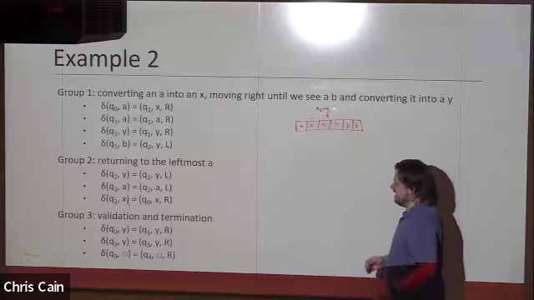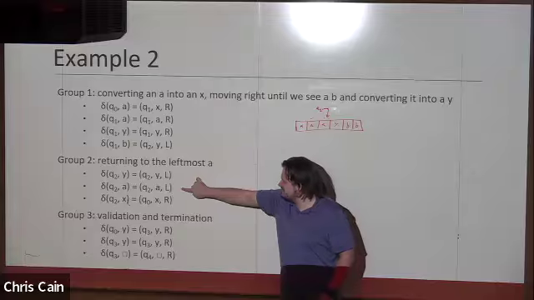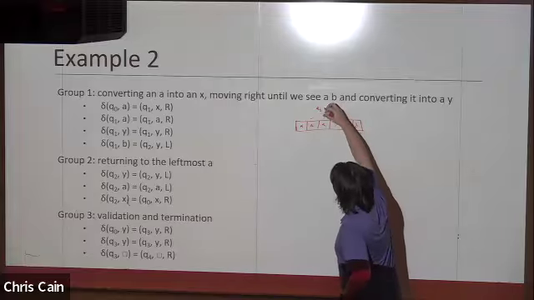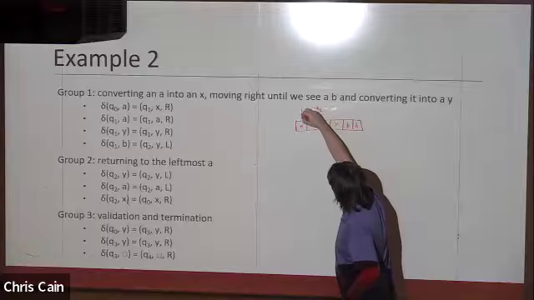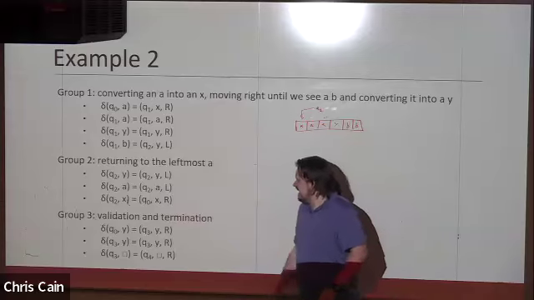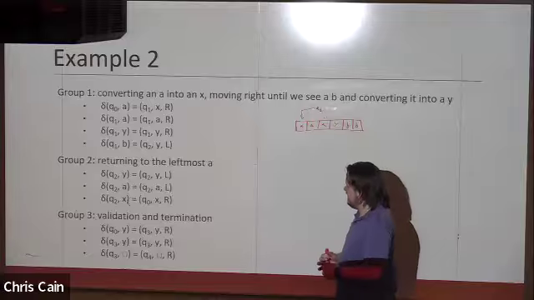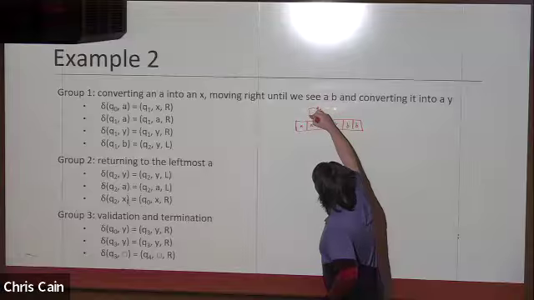Q2 on an A is telling us to move back left over all of the A's. We move left to here, see another A, Q2 on an A, we move back to here. And then we have Q2 on an X. This tells us to move back to Q0, write that X staying as an X, and move back right.